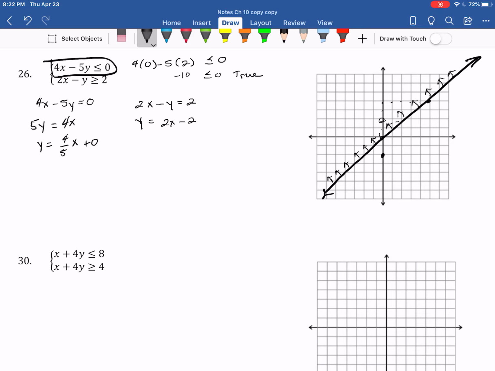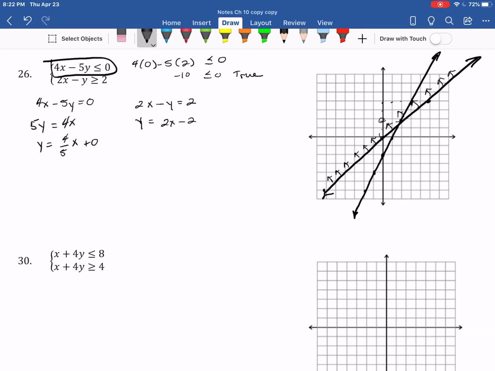And then my slope is positive 2, so you go up 2 and to the right 1, and you put a point there. And I'm going to do it again. Up 2 over 1, up 2 over 1. Get a few points here, this way. Gives you an idea of what this line is going to look like. So I'm going to connect those points with a solid line as well.